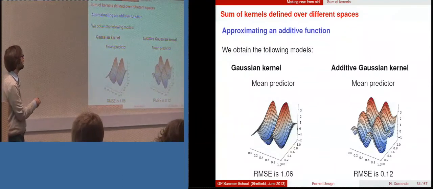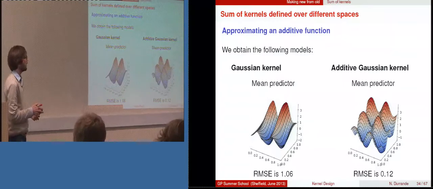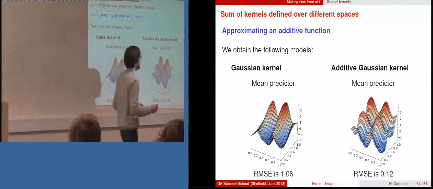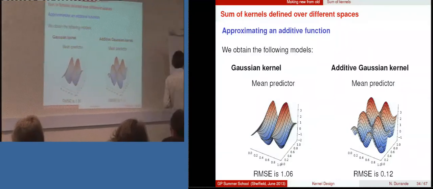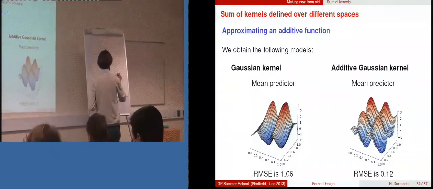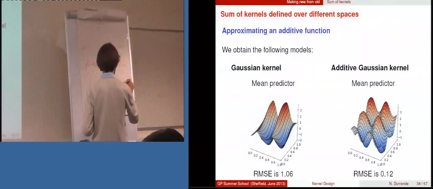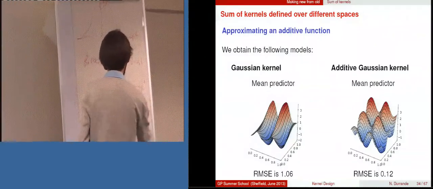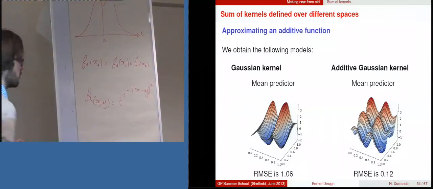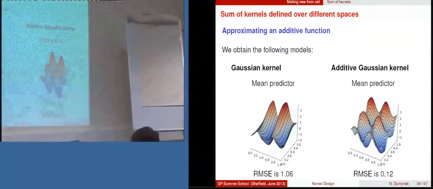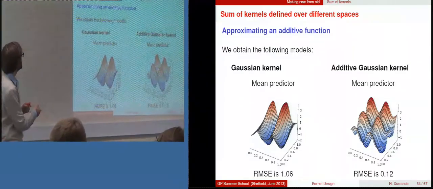Here I use a usual Gaussian kernel in two dimensions, where this is the usual norm over R, so the square of the norm is equal to the sum of the squares of xi minus yi.